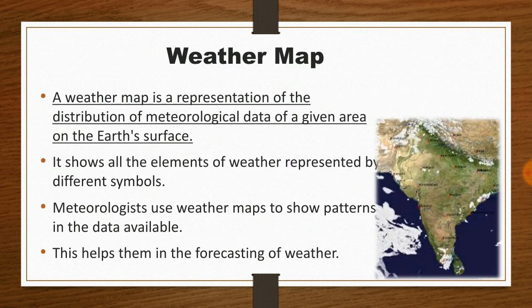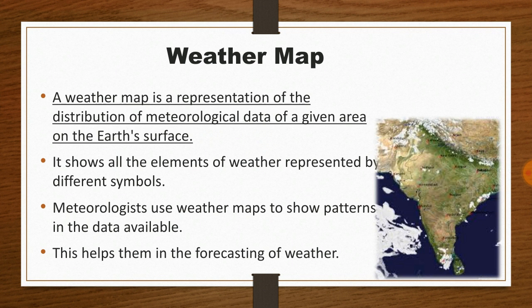We are moving to a new concept, that is weather map. What is weather map? Weather map is a representation of the distribution of meteorological data of a given area on the earth's surface. We get a lot of data about the weather of a particular region of the earth's surface.